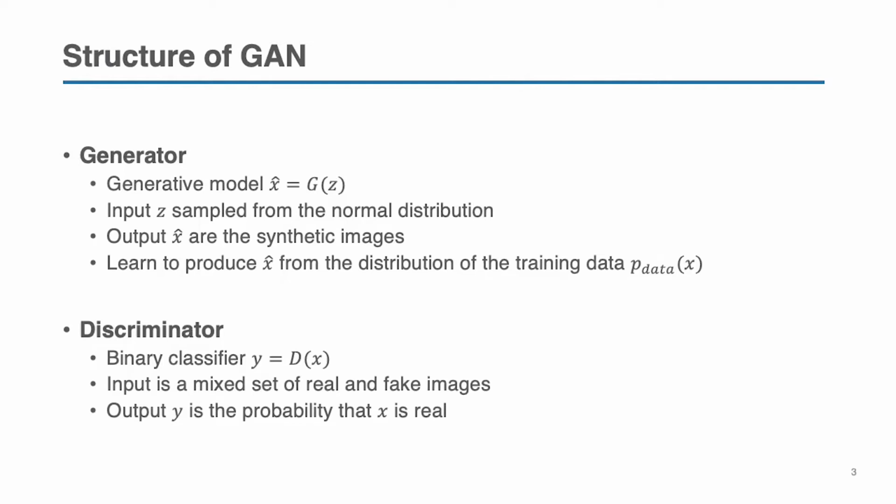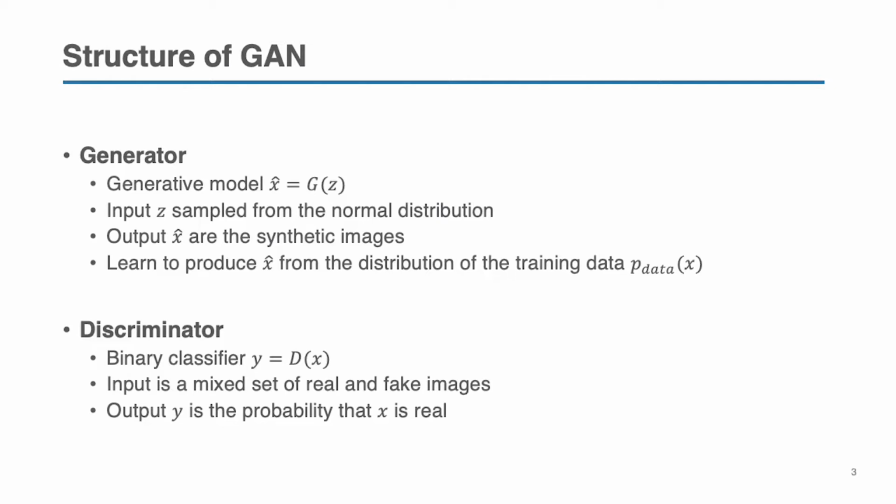But then the generator alone only creates random noise. We need to have a guidance to guide the generator to generate images that are ideally from the training dataset. So that's where the second component, the discriminator, comes in. The purpose of the discriminator is to evaluate the quality of the generated images. So the discriminator is essentially a binary classifier.